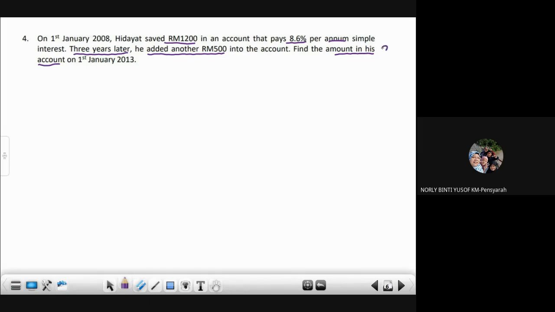Kat sini adalah S. Okay, kita draw timeline untuk kita understand. Draw timeline. Okay, so kita ada 1st January 2008.